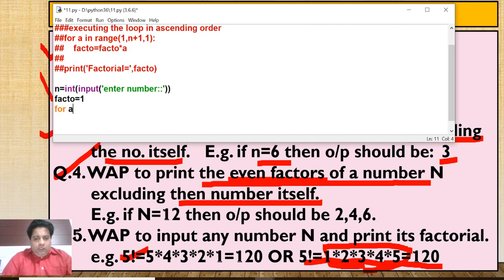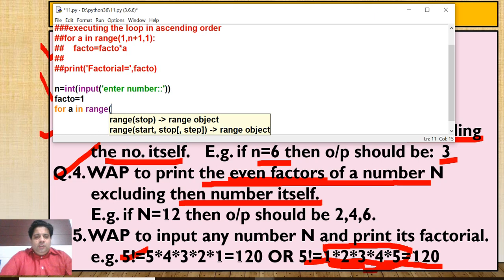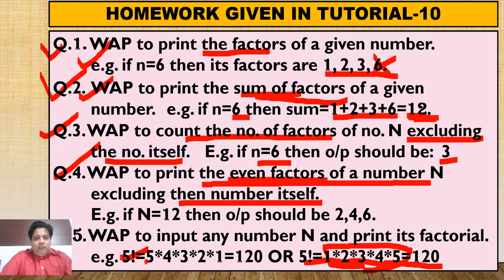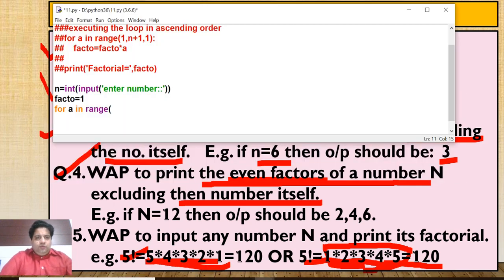Now for a in range. What I am doing here is finding the factorial in descending order, which means I will multiply the numbers from that number down to 1. So for a in range, you have to execute the loop from n to 1. So what will you write here? 0, and in descending order the step value is negative.